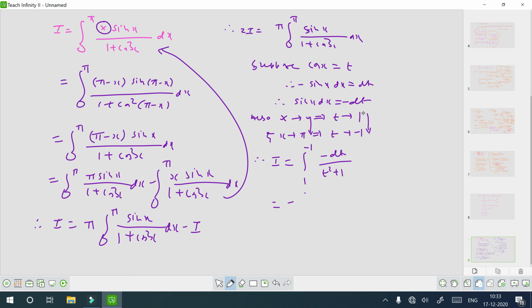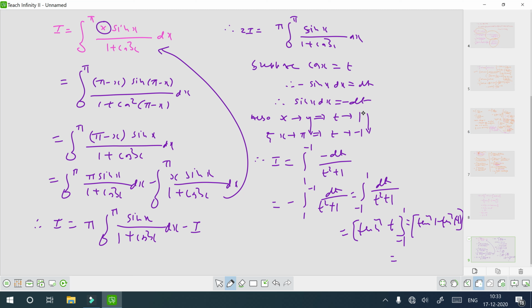So minus 1 to minus 1 dt over t square plus 1, then એમ લખી શકાય minus 1 to 1 dt over t square plus 1. So that is equal to tan inverse t, minus 1 to 1. So can I write here tan inverse 1 minus tan inverse minus 1. So that is equal to, sorry, pi is there.